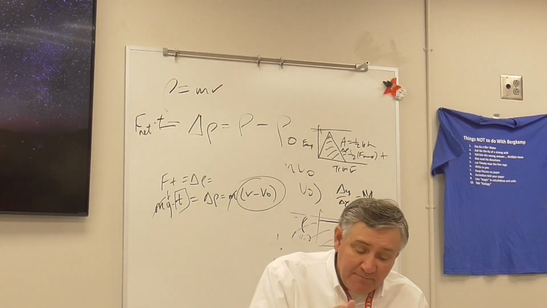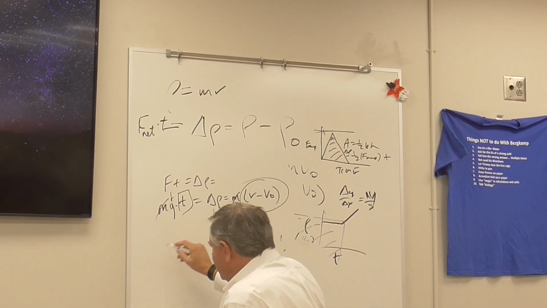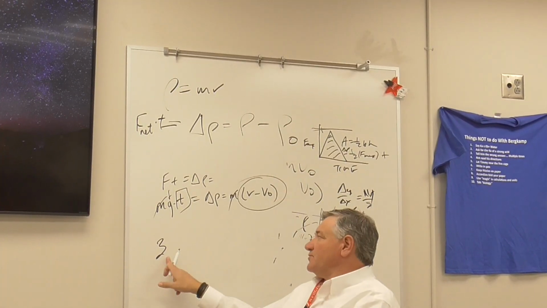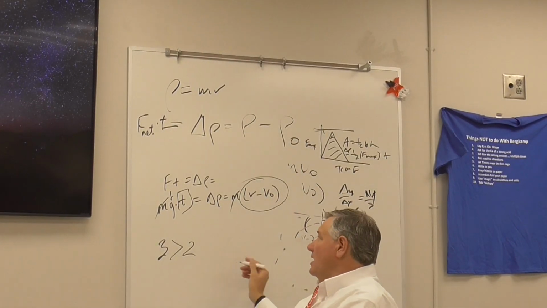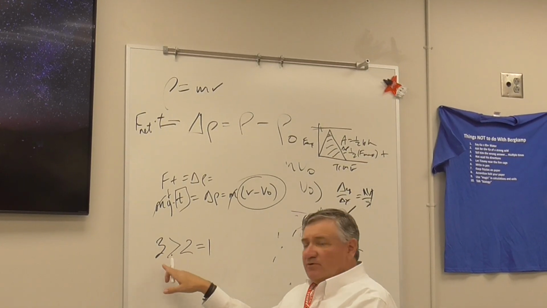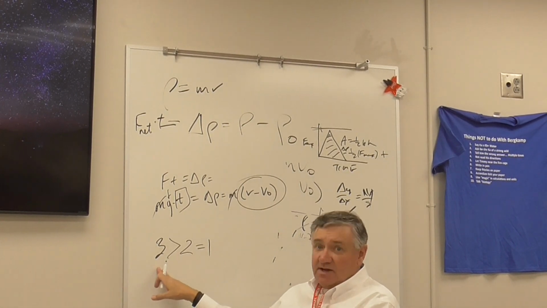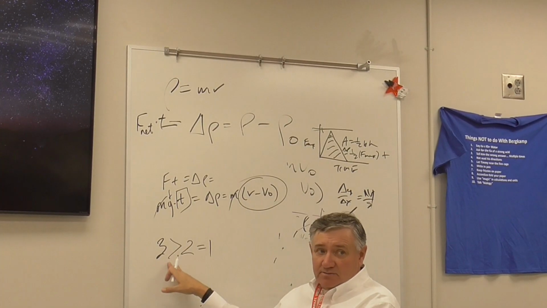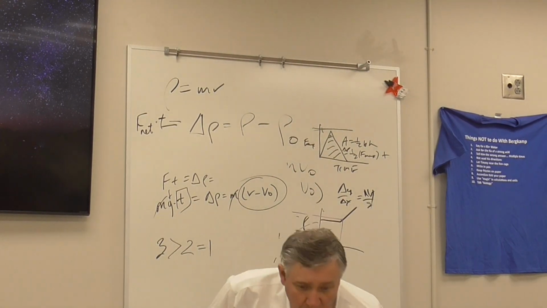Let's say, for example, you think the third one is the biggest, I'm just making up these numbers. If you think 3 is bigger than 2, you put 3 is greater than 2. But if you think 2 and 1 are the same thing, then you put an equals there. Whatever one you rank first is the one you think is the biggest. I don't do commas. I do greater than, I do less than, I do equals. So if you have commas, make them go away.